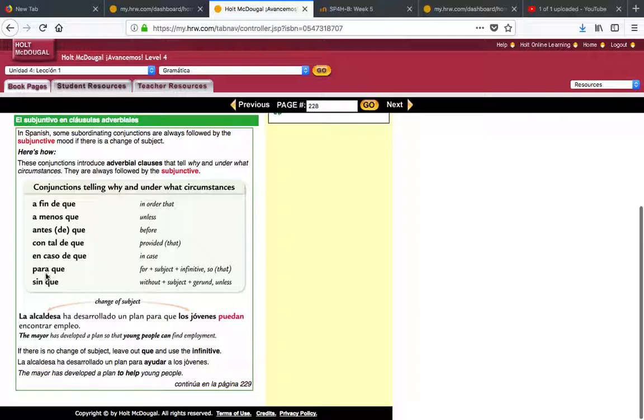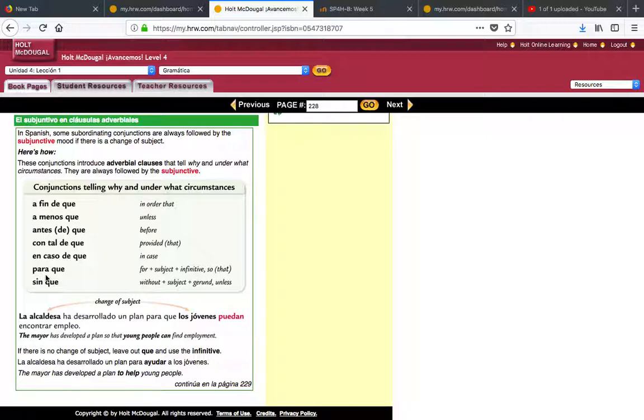Now be careful with para que. If you leave that que out, and you might be allowed to leave that que out, it all depends how you write the sentence, then you cannot conjugate that verb after para, okay? Because it's a rule, after the preposition para, you never conjugate the verb.